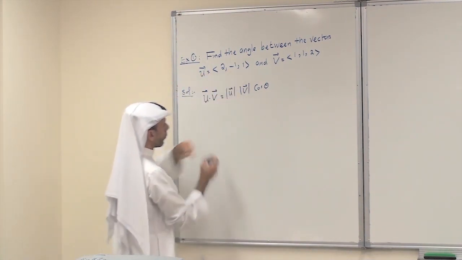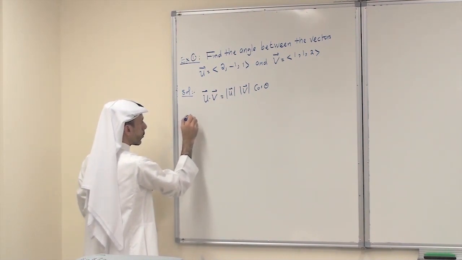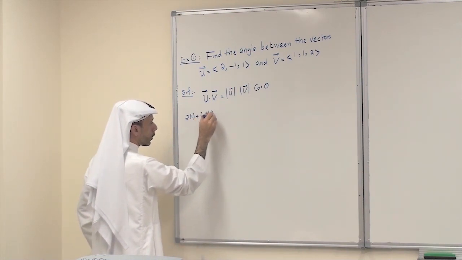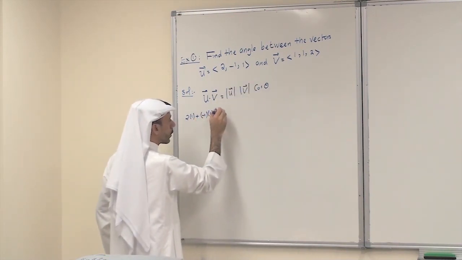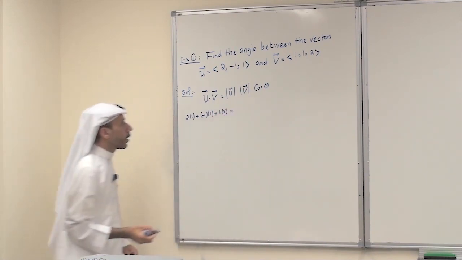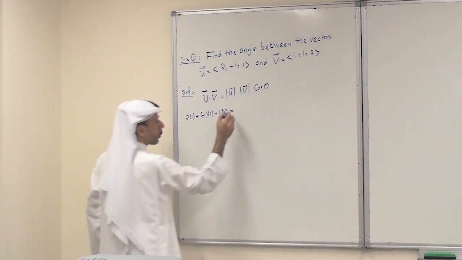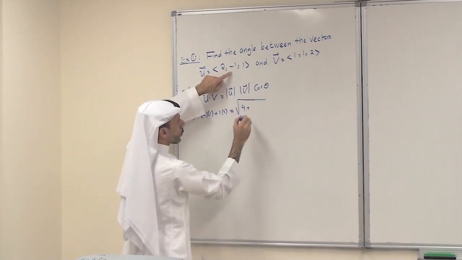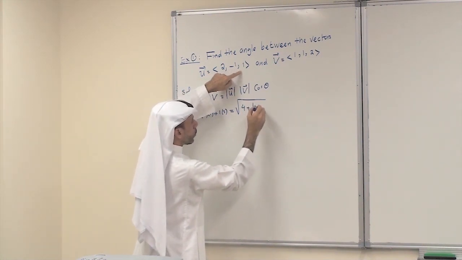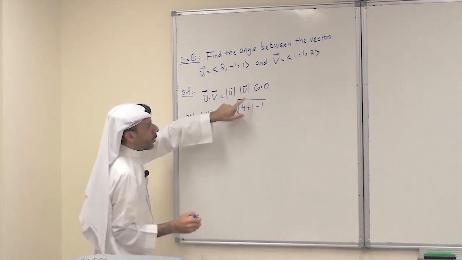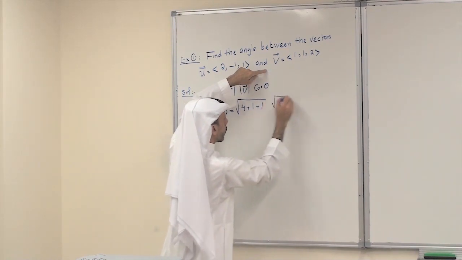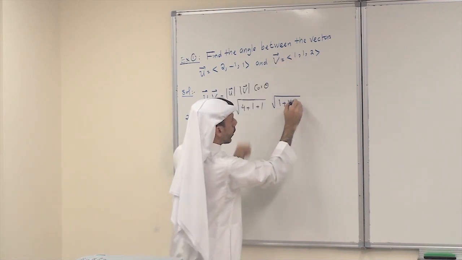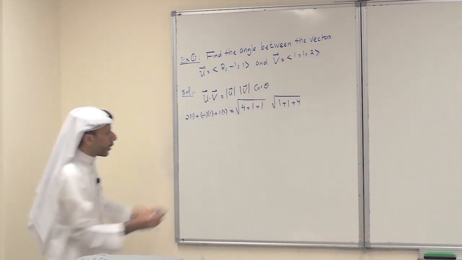The dot product: 2 times 1, plus minus 1 times 1, minus 1 times 1, plus 1 times 2. The magnitude of U is the square root of 2 squared, 4, plus minus 1 squared, 1, plus 1 squared, 1, times the magnitude of V. This is again the square root of 1 squared, 1, 1 squared, 1, 2 squared, 4, times cosine theta.